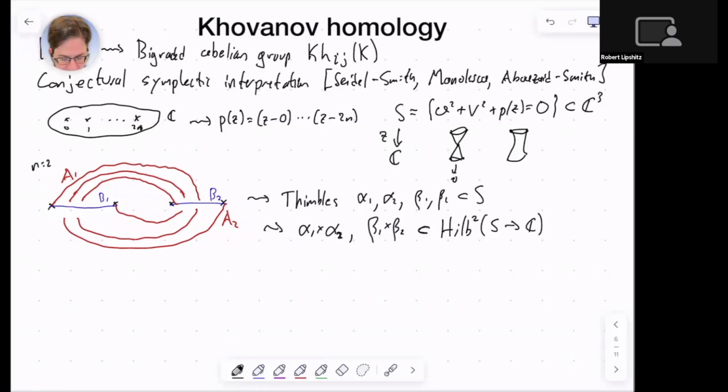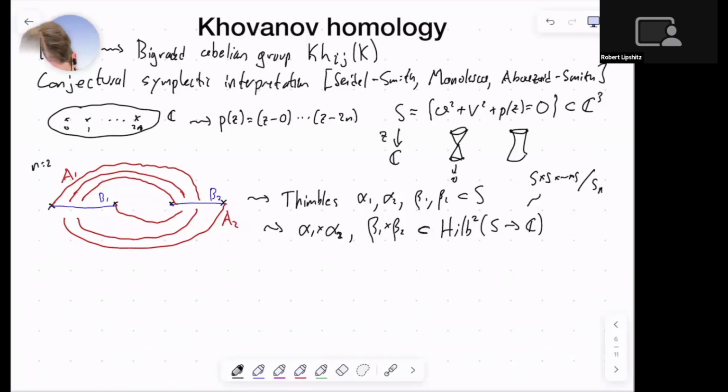So it's roughly like S cross S, in general n copies of S, mod an action of the symmetric group. Though it's not quite that. It's a blow up of that along some diagonals.